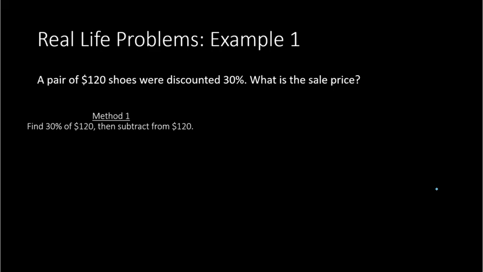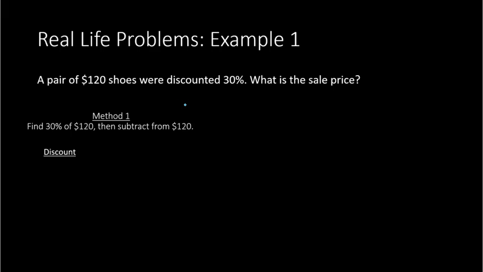So method 1 is we can find what is 30% of 120. Realize that is what number is going to be subtracted from 120. That is how much is being discounted. So we can find 30% of 120, then subtract that from the original price to find your sale price.